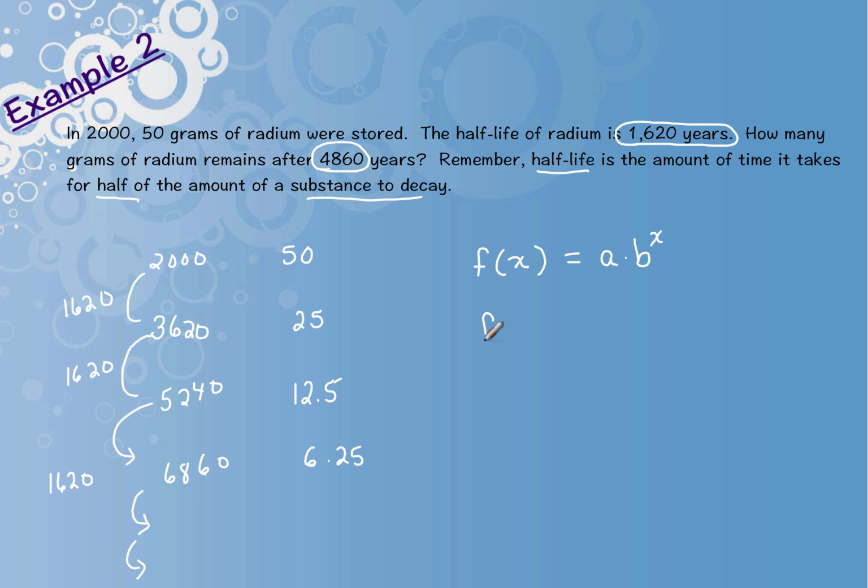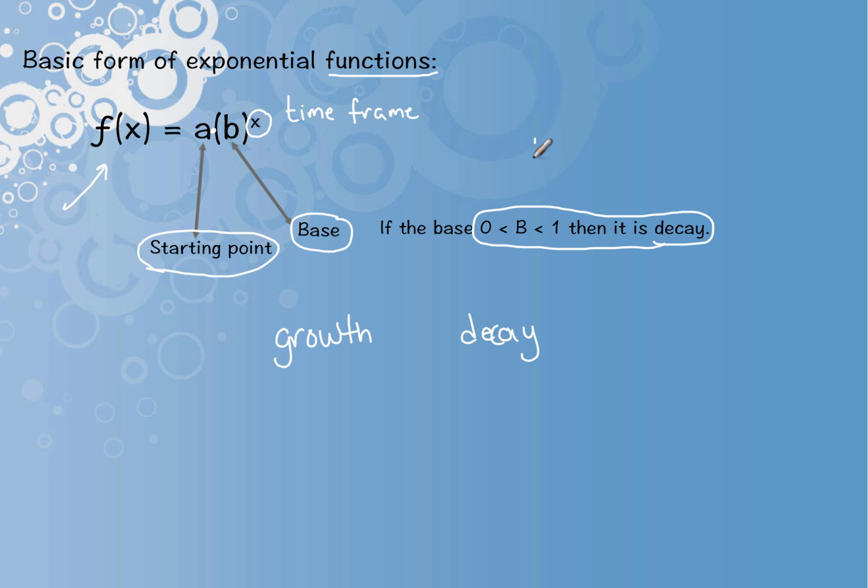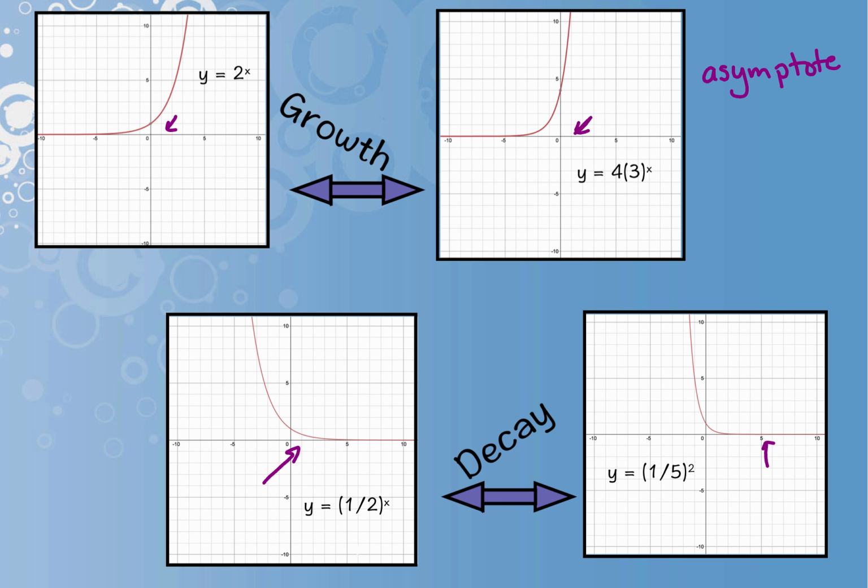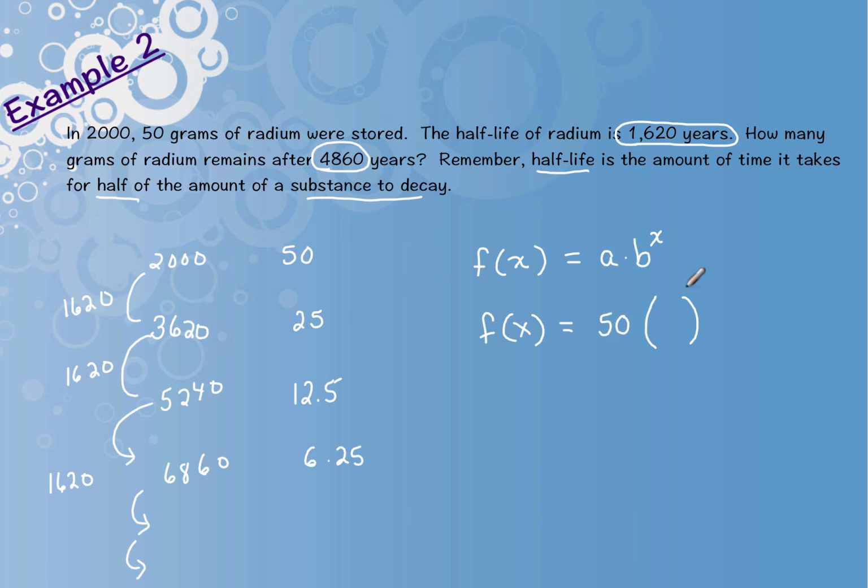All right, how much did I start with? I started with 50 grams, and my base is going to be a fraction. Remember, it's decay if it's between 0 and 1. So my fraction has got to be between 0 and 1, and it's half-life.